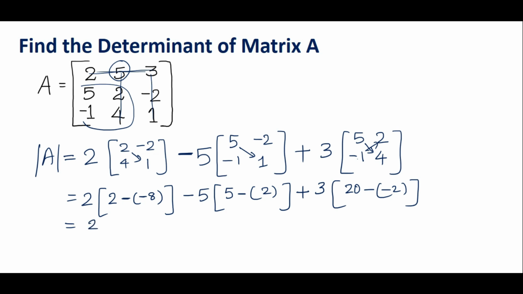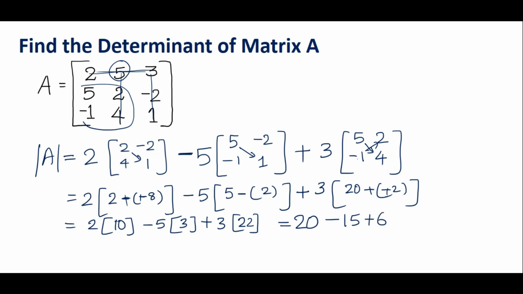So this is going to be 2 times negative turns positive, so it's going to be 10 minus 5 within brackets, it's going to be 5 minus 2, giving me 3, and plus 3 times, I have 20 minus negative 2, so it's going to be 22, which is equal to 2 times 10, 20, minus 5 times 3, 15, plus 3 times 22 is 66.